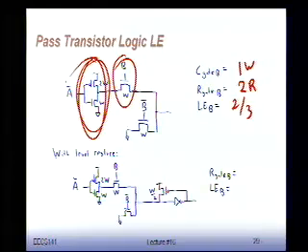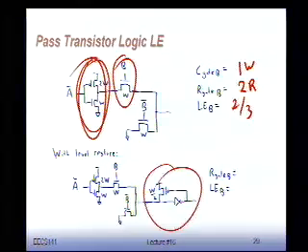They use that feature to make very simple logic gates, small logical effort, very small number of transistors. That's really where pass-transistor logical effort plays. As a little homework, try to figure out what's happening with logical effort if I add a tiny little PMOS device here for a level restorer.